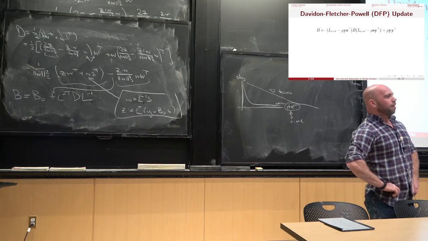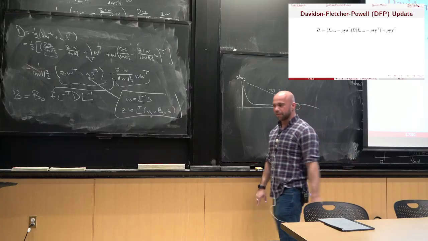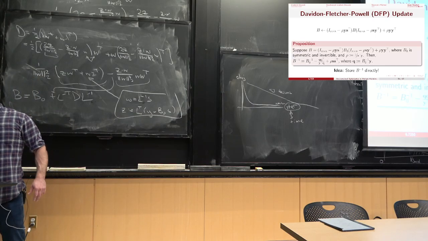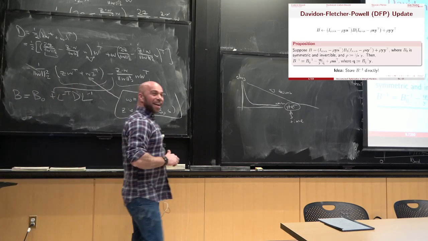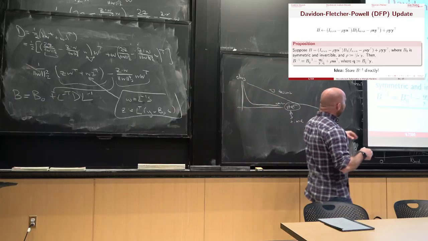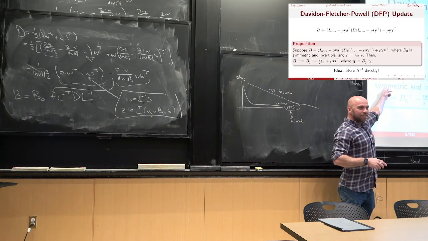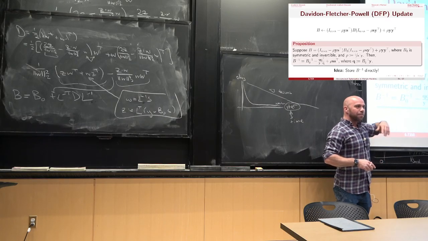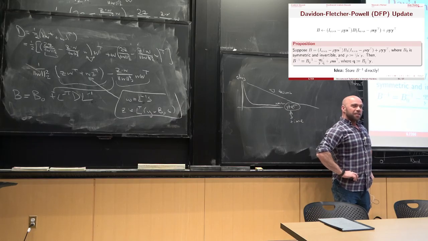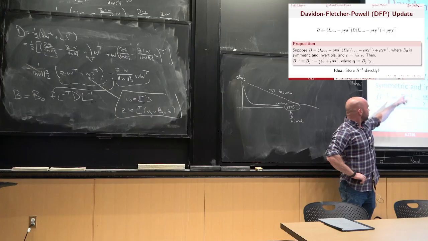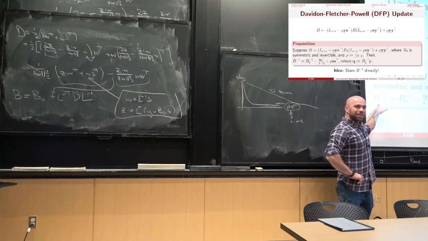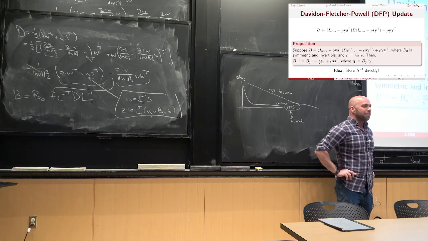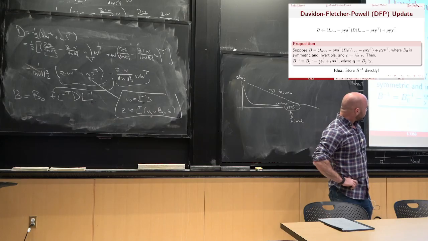Unsurprisingly, given our discussion of Broyden's method, if B takes the form on the slide, then B inverse takes the form at the bottom of this proposition. I'm not proving this lemma. The proof is wildly uninteresting: you multiply these two matrices together, do a bunch of simplification, and eventually the identity falls out.